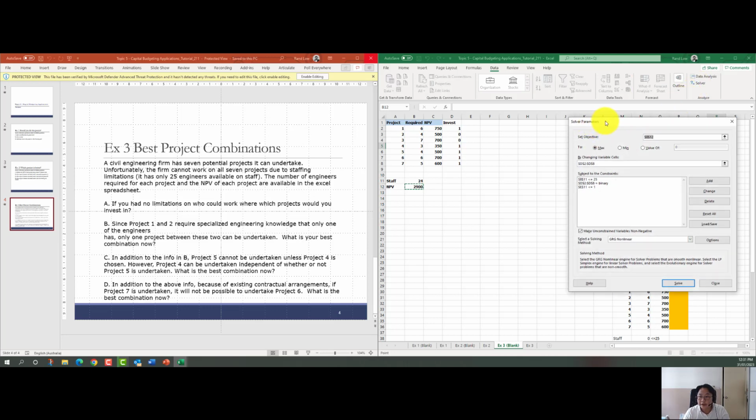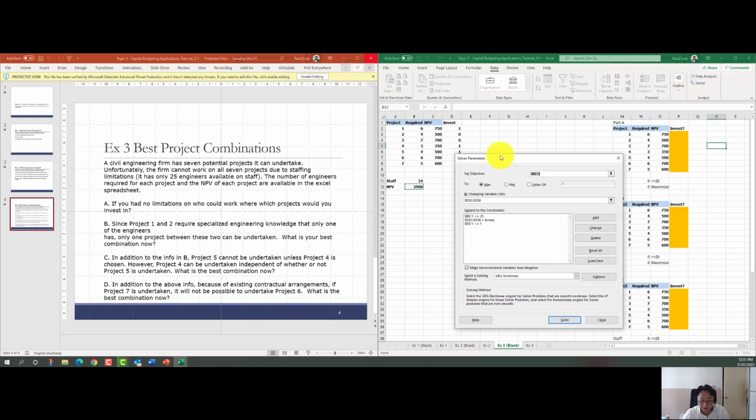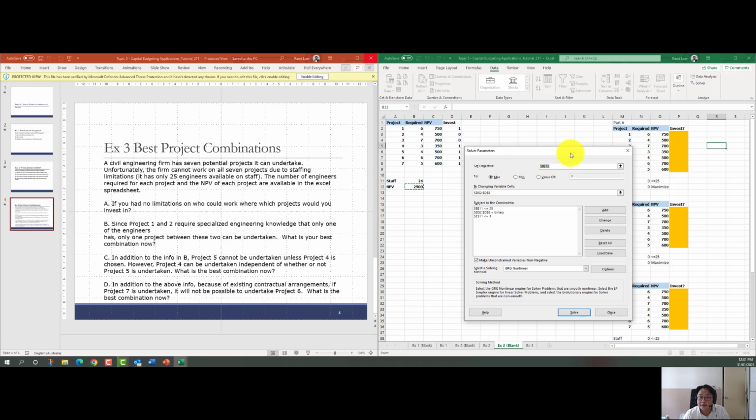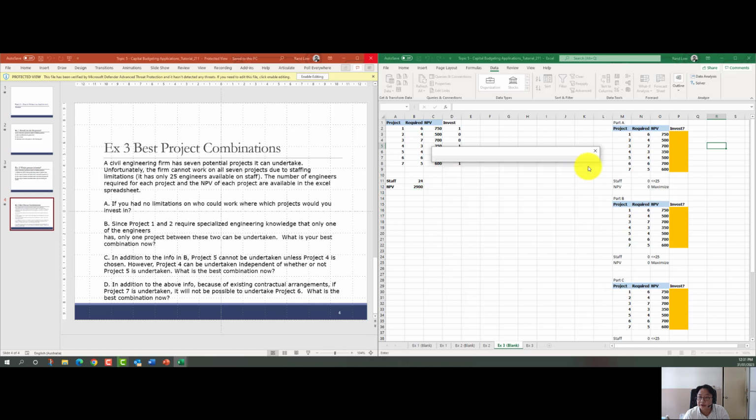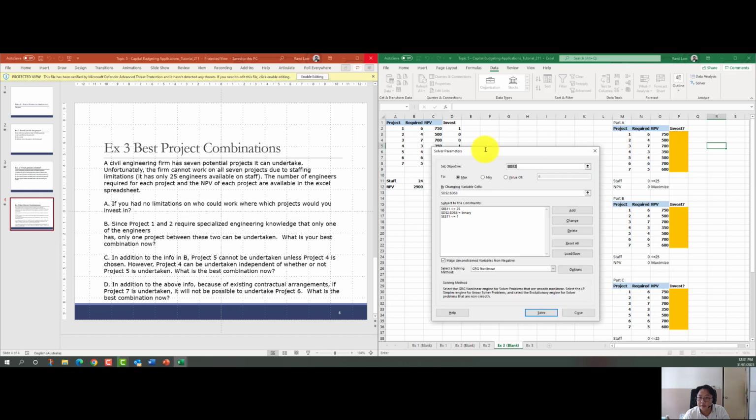So what does the solver require us to do? In this case, we want to maximize.